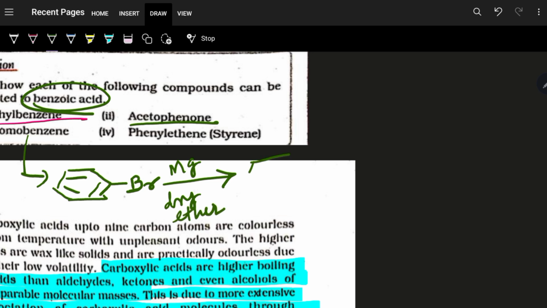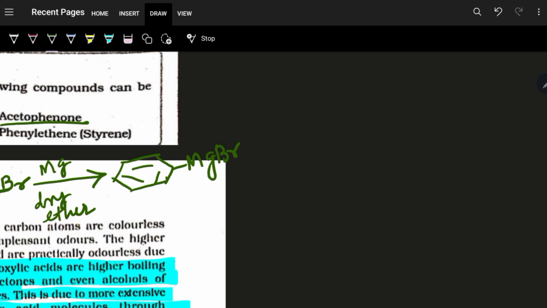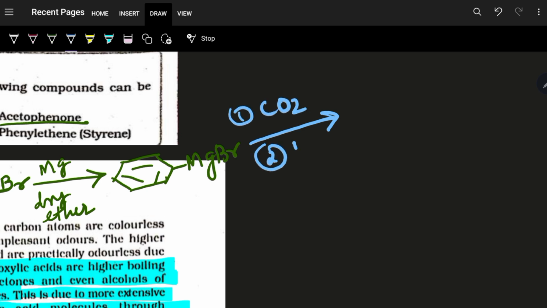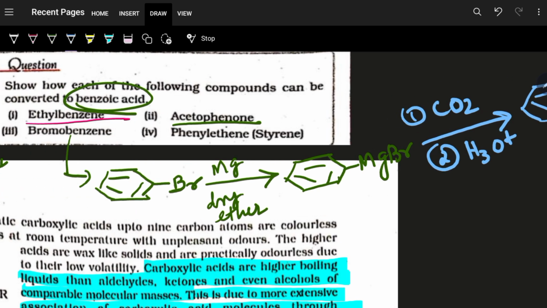Then you will get phenyl magnesium bromide. And then what will you do? Give CO2 number 1, number 2 H3O plus, and then this gets completely converted to COOH.